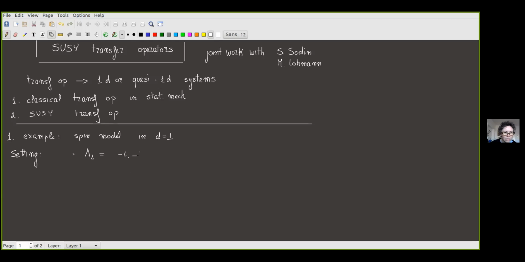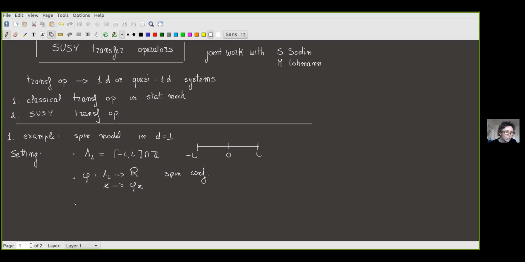So this is [-L, L] intersection with Z. So we have here points between -L and L. We define on this volume a spin configuration, phi, which is a map from Lambda_L to the real numbers. So for each x, I assign a spin at the point x, which is just a real variable. And this is my spin configuration.